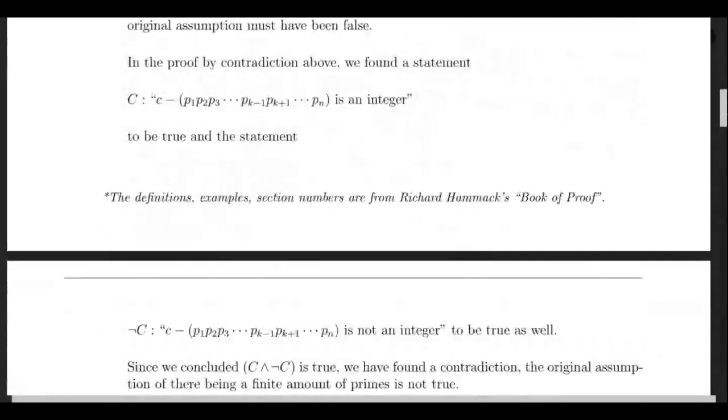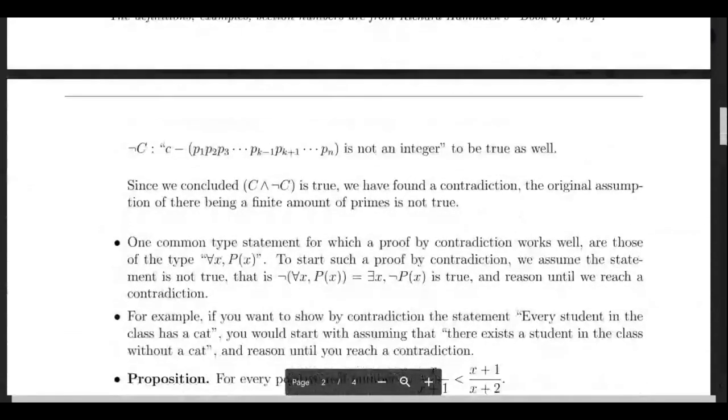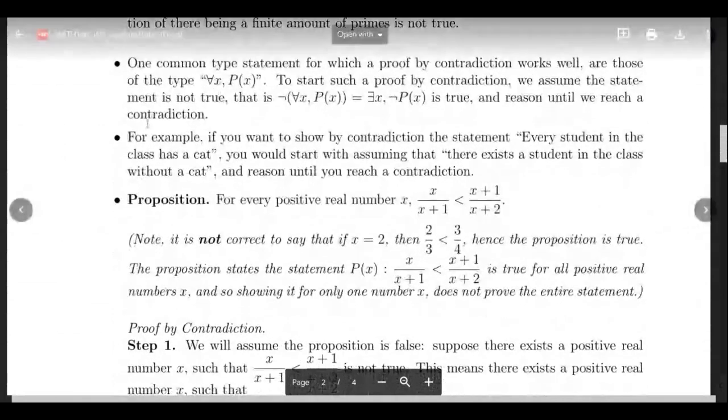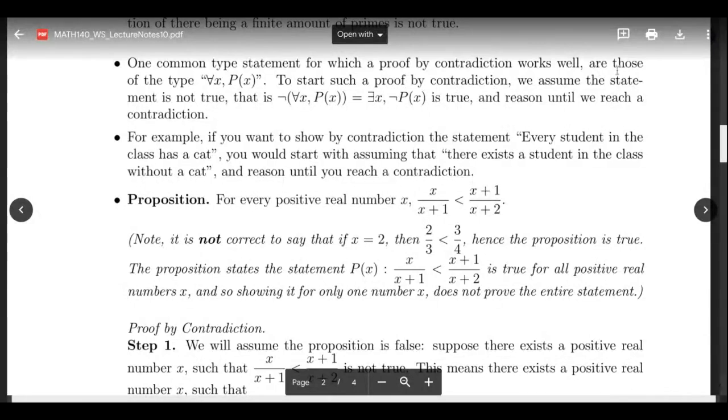All right, let's keep going. One common type of statement for which proof by contradiction works well is the type "for all." The statement has a condition for all. When we use contradiction, we just need to find that there is one.